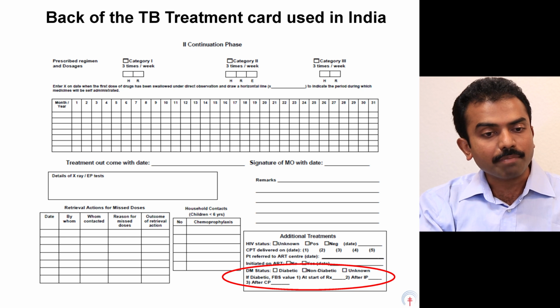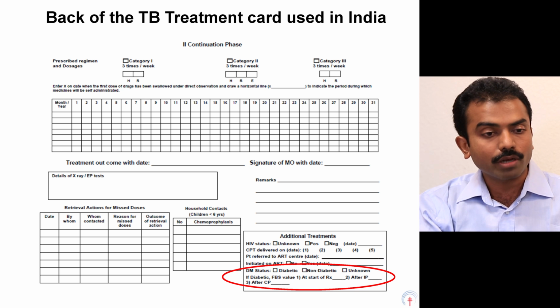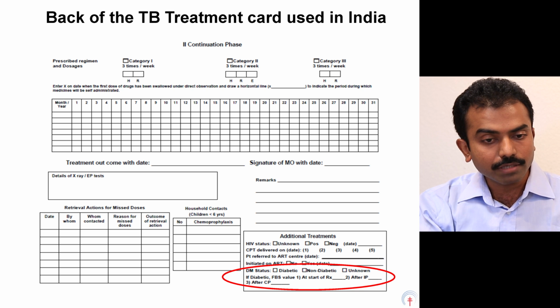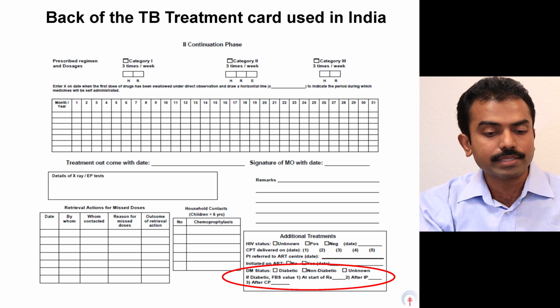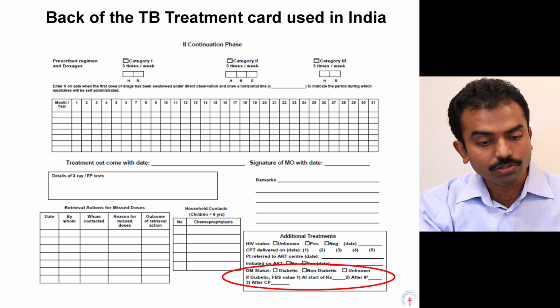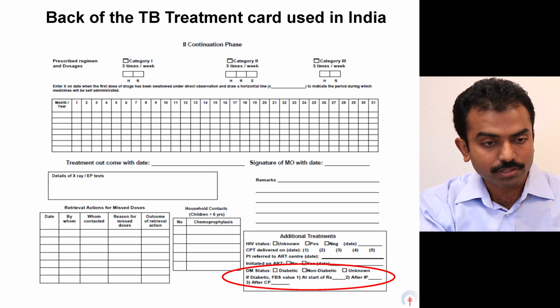So one of the things that happened after the research was done and after the policy decision was taken was to make changes into the routine recording and reporting system so that this particular activity could be monitored. And this is the change that happened in the TB treatment card that was used across the country in India. New fields were introduced to capture diabetes status, just to capture whether a person has diabetes or doesn't have diabetes or it's unknown, and few other details of the screening process.